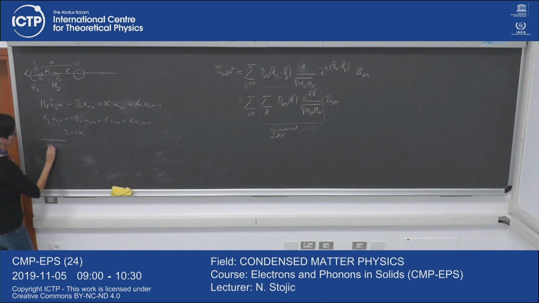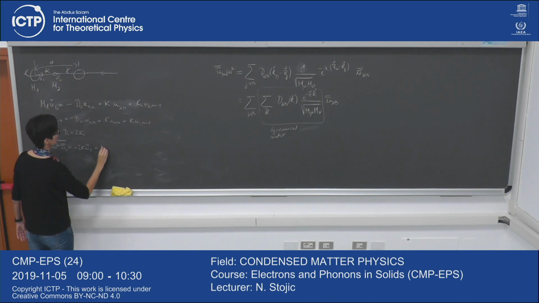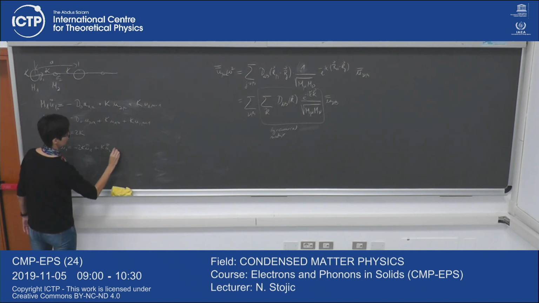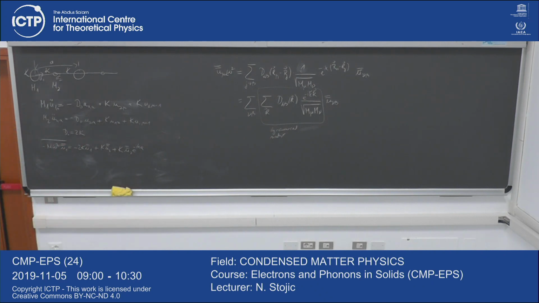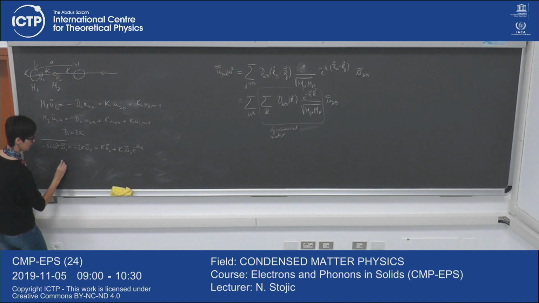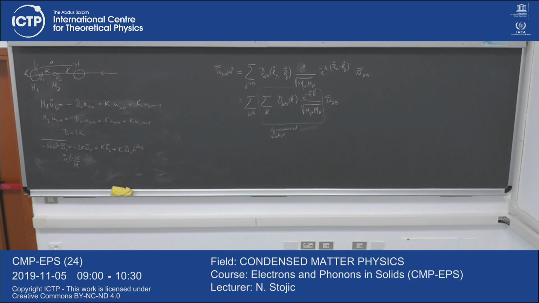And we can write M omega squared U1 minus 2K U1 plus K U2 plus K U2 minus RKA, and we can write it in a nice form, U1 minus 2K over M. Sorry, doesn't the D0 have to go with a plus sign?